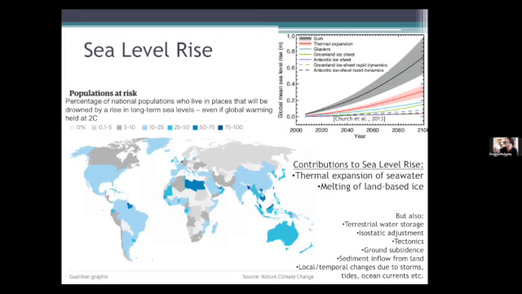I am not someone who focuses on these kinds of models. They seem very complicated and involve a whole lot of inputs. Rather, my research, I hope, is providing one small puzzle piece that might shed light on how the melting of land-based ice, how rates can contribute to sea level rise ultimately.